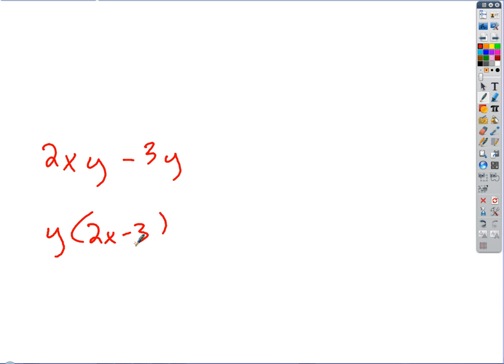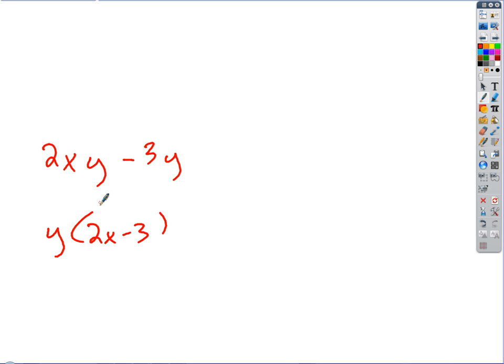Does everybody see that? I have a common factor of y in each term, each of the two groups. We could call the first term group 1, the second term group 2. When I divide that y away, I'm left with 2x minus 3. So it factors into y times 2x minus 3. Everybody see that pattern? Yes.